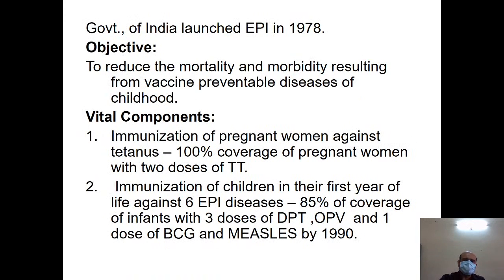The Government of India launched EPI in 1978. The objective was to reduce mortality and morbidity resulting from vaccine preventable diseases of childhood.